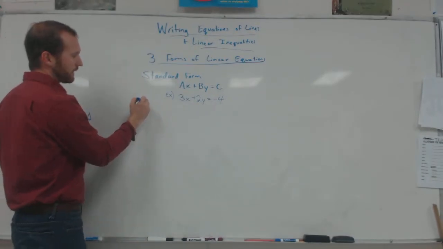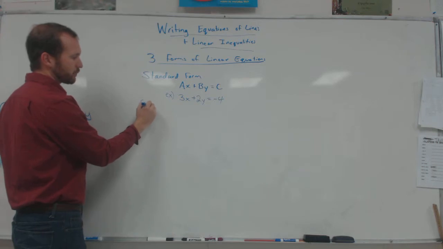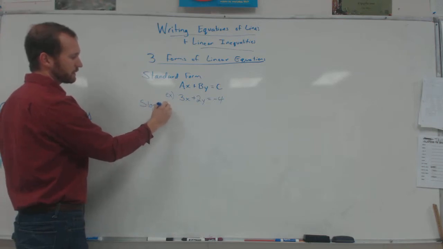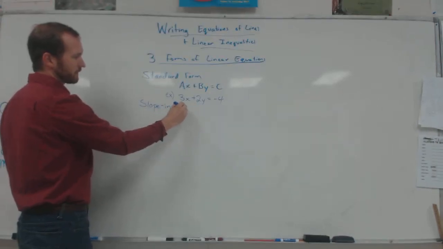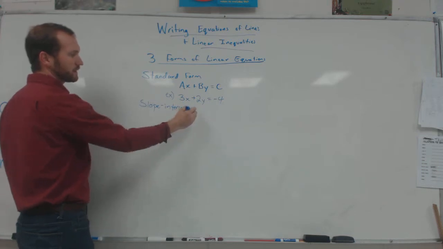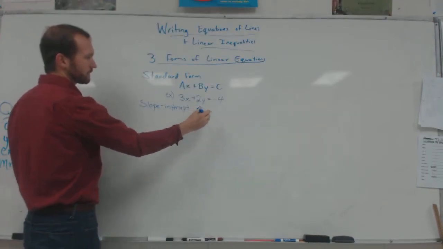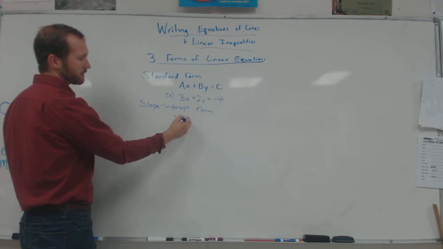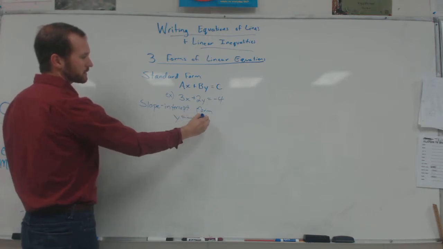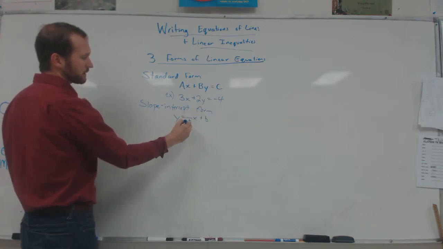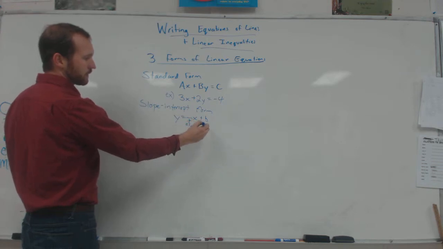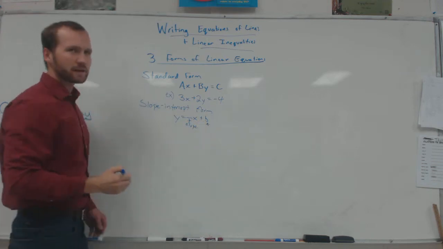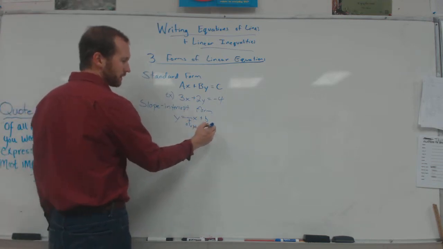Okay. Then we have slope-intercept form, which is just as it sounds. We have y equals mx plus b, where m is the slope and b is the, which intercept is b?